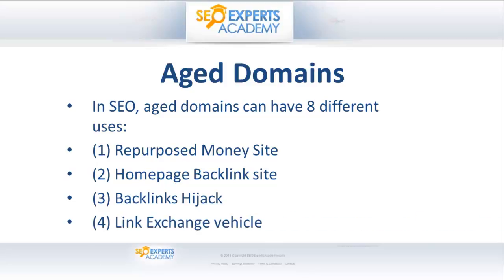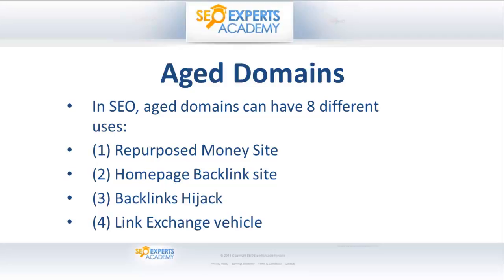You can also use your Age domain as a link exchange vehicle. On Digital Point, for example, and at backlinksforum.com, you'll find people there willing to swap links on their pages with PageRank in exchange for links on yours.